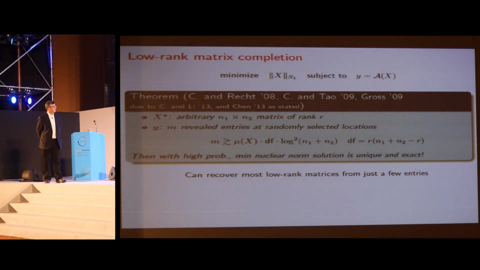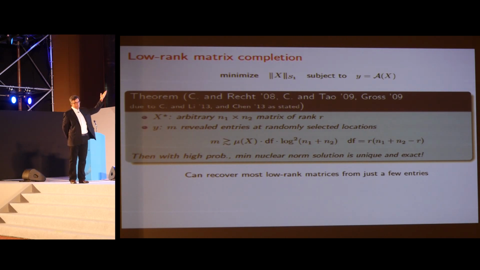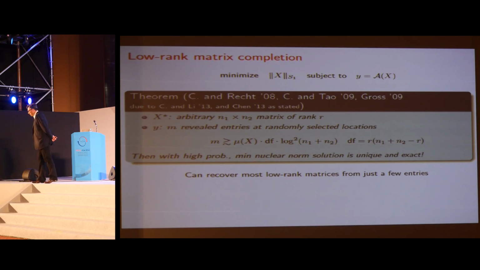All right, so we have a second result that parallels the first, which says the following. Let's take a matrix which is n1 by n2, about which I know the values of m entries that have been selected at random.